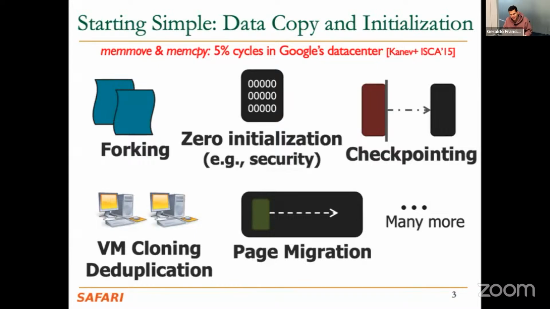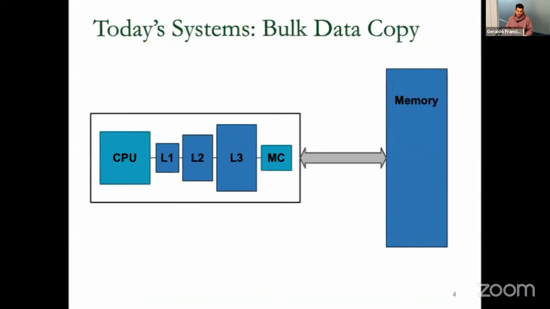This number might not sound big at first sight, but you need to think about the sheer volume of compute that a Google data center has, right? So 5% aggregate across all of those processors is quite a large number.